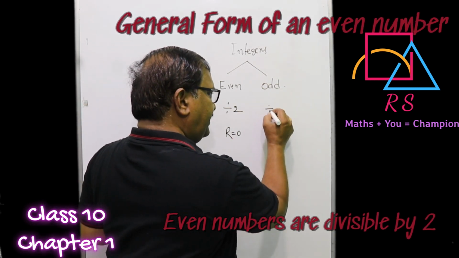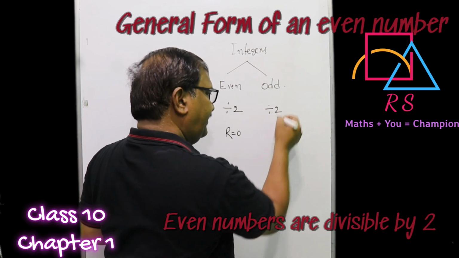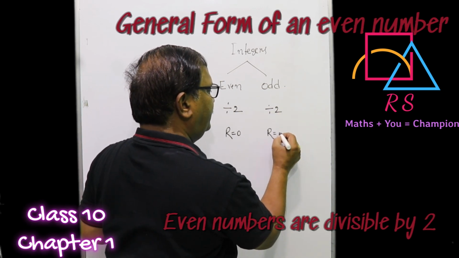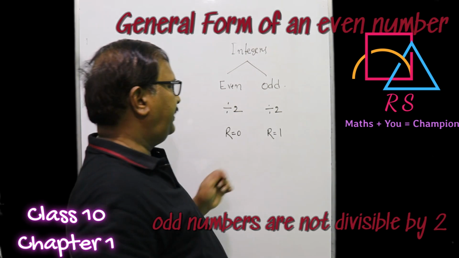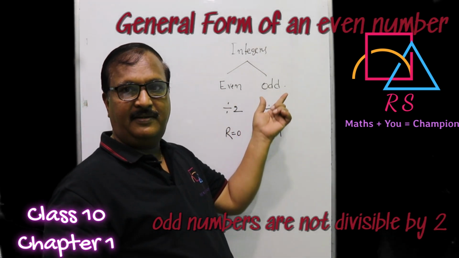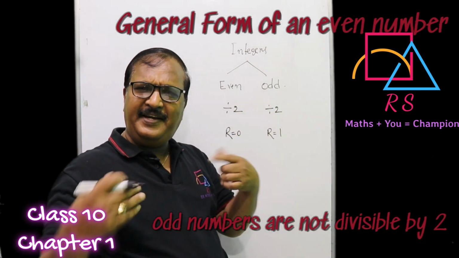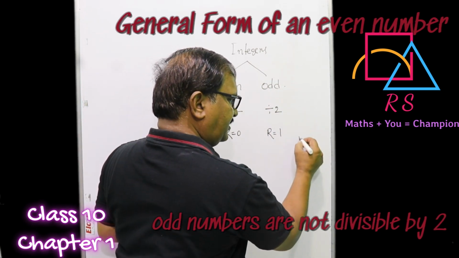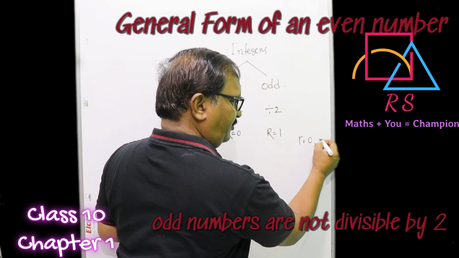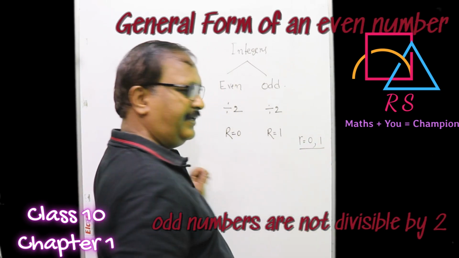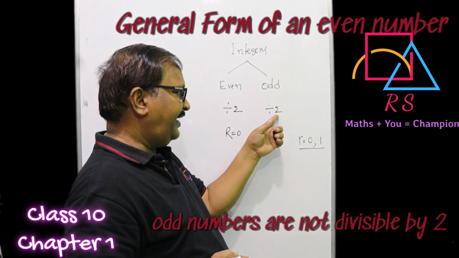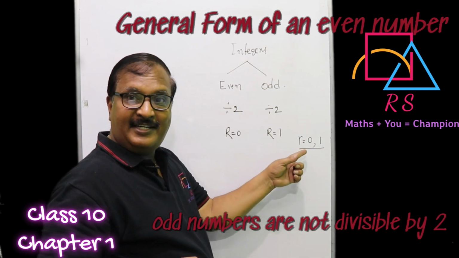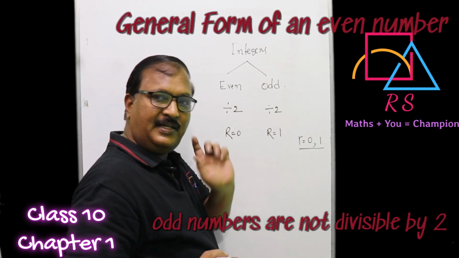If a number is divided by 2 and the remainder is not 0, it is an odd number. When you divide any number by 2, the remainder is either 0 or 1. The remainder possibilities are only 0 and 1.